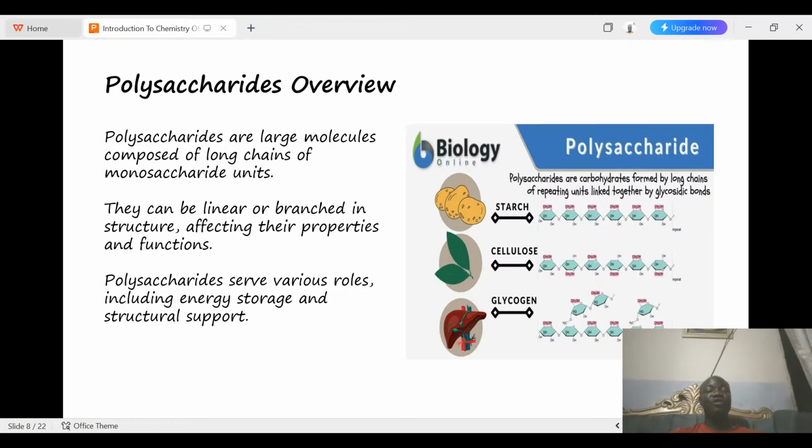You can store carbohydrates, as usually happens with fats, in the form of glycogen, and they also support structure. Examples of polysaccharides are starch, cellulose, and glycogen. All these polysaccharides are made of the same repeating unit, so that is why they are all homopolysaccharides.